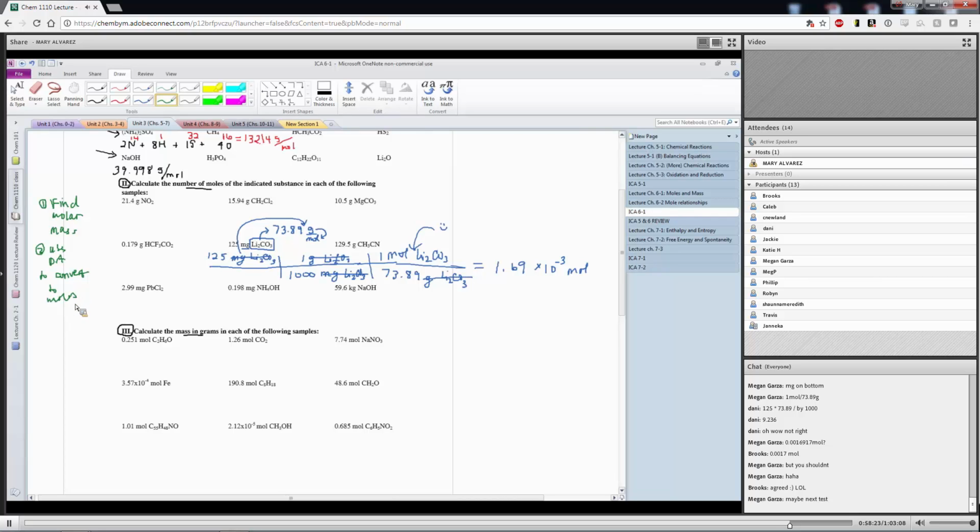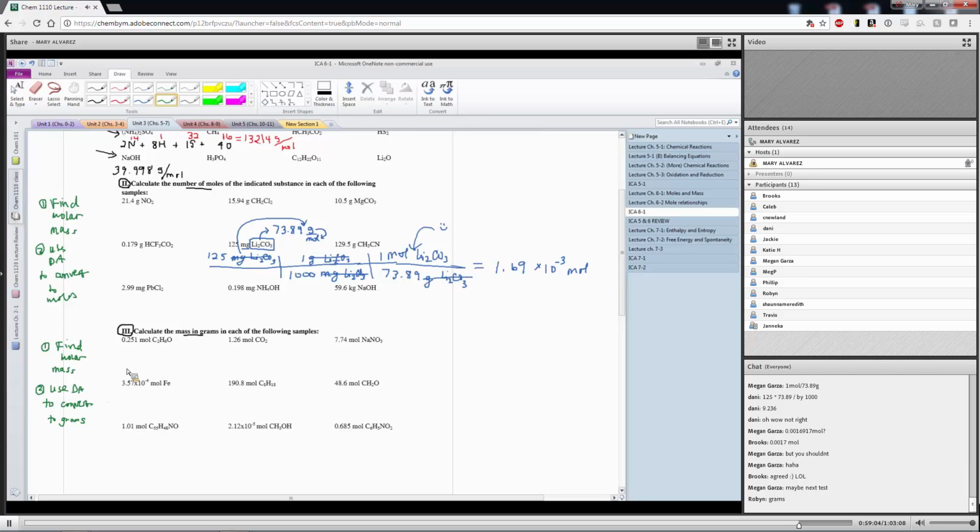And for part 3, our instructions, first we're going to have to find the molar mass. So what's step 2 going to be? Grams, yep, use dimensional analysis to convert to grams. Sorry if my handwriting here is exceptionally bad today. I'm using my mouse instead of my pad, so it's a little bit harder.